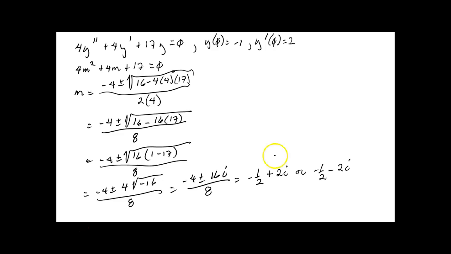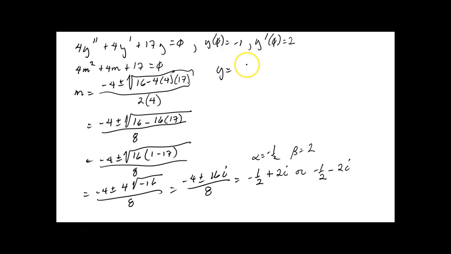So your alpha is equal to negative 1/2 in both cases here, and your beta is equal to 2. Doesn't matter whether it's plus or minus, the beta is 2. So we can write down our solutions.